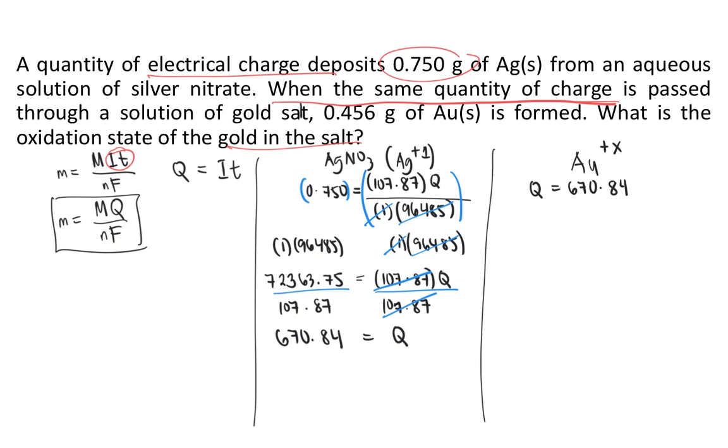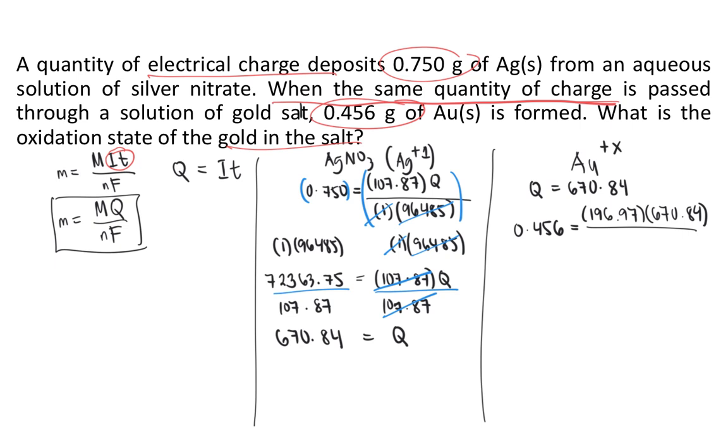The mass deposited was given: 0.456 grams of gold equals the molar mass of gold. If you look at your periodic table, the molar mass of gold is 196.97 grams per mole, times Q. We already know Q, it's 670.84.